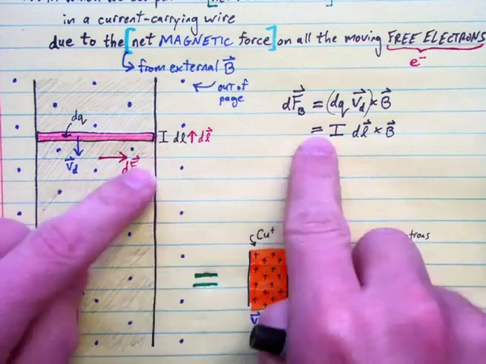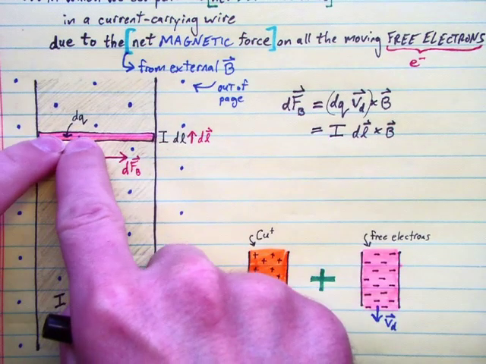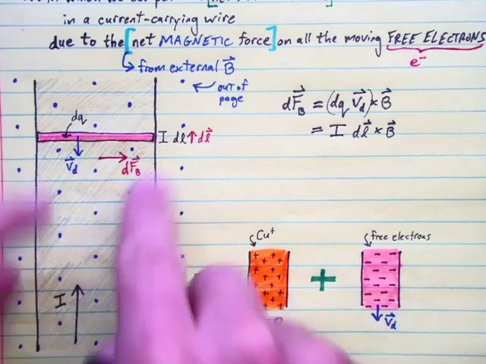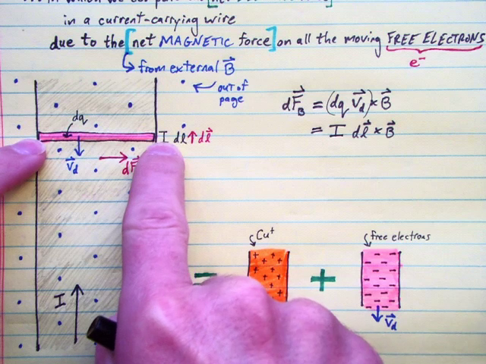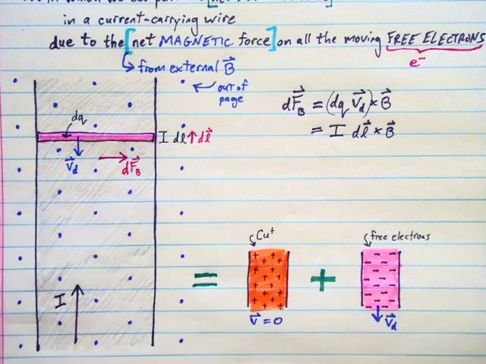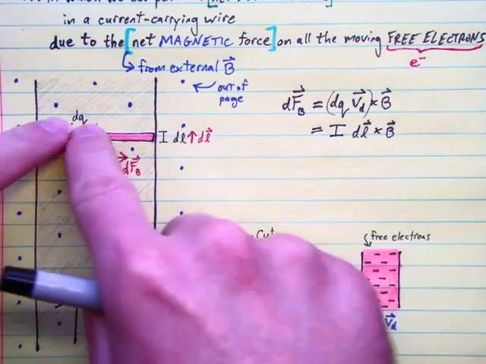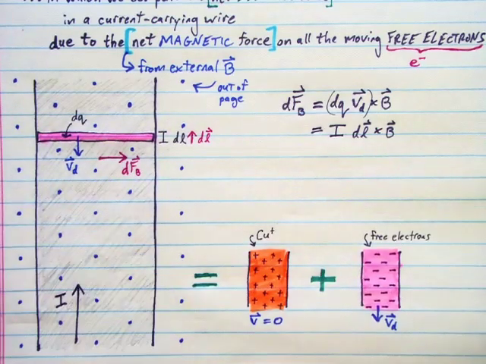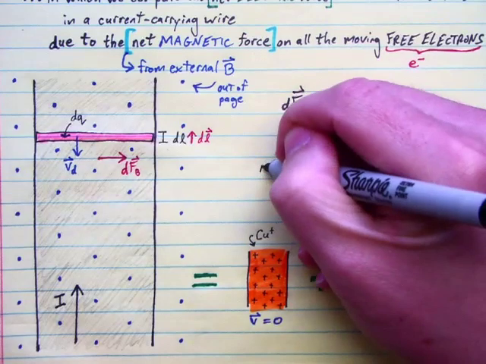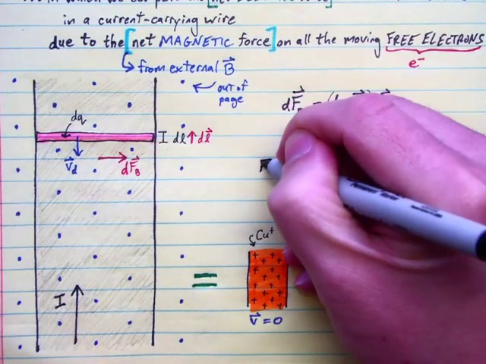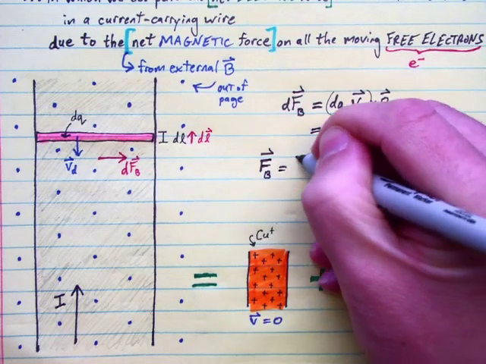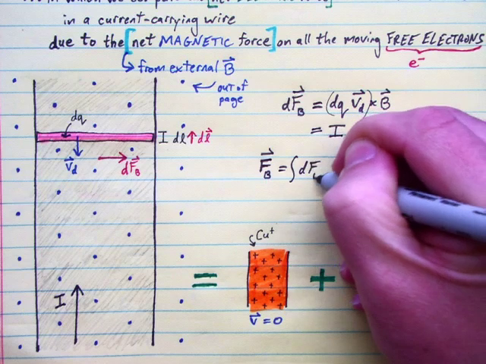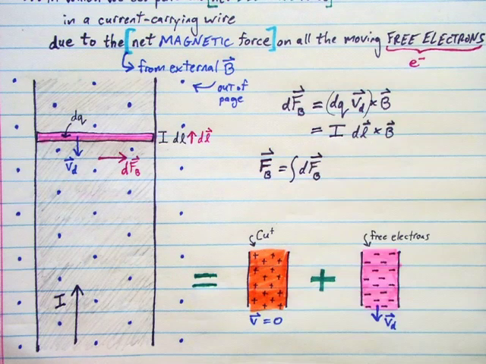This is the magnetic force on this collection of charge in this little slice of wire. I would like to find the total magnetic force on all such slices of wire. So let's find the total magnetic force on all the free charge in that wire, which we'll get by adding up all those infinitesimal little FBs.